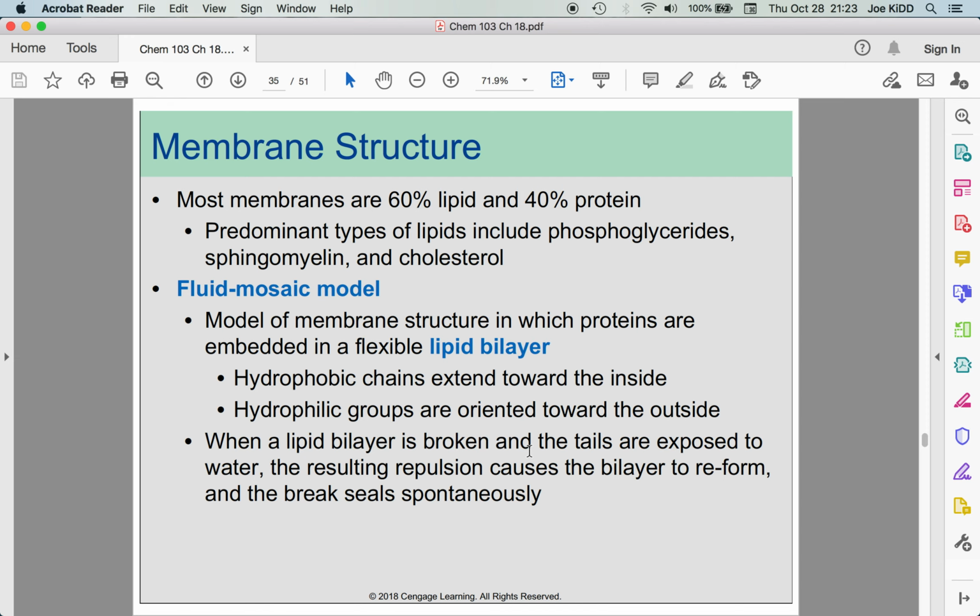The concept, which is really important for humans and basically all mammalian life, is that we have a fluid mosaic model. Our membranes are modeled in a way that they're flexible. This lipid bilayer has some give and take to it.